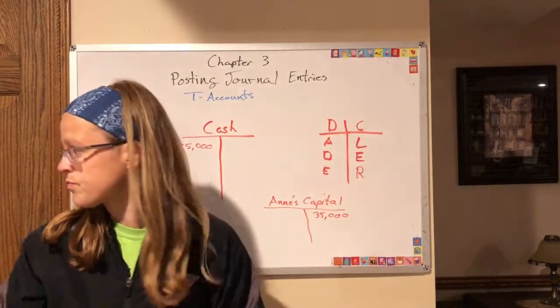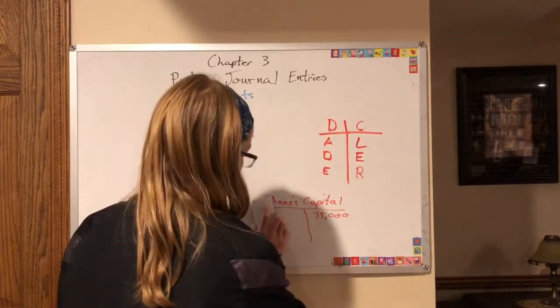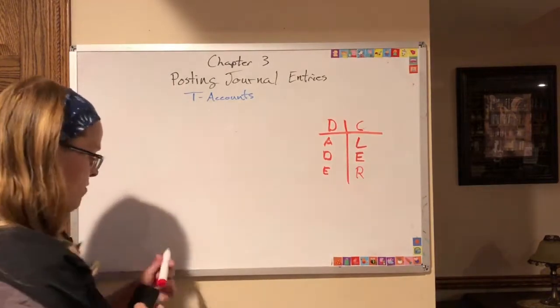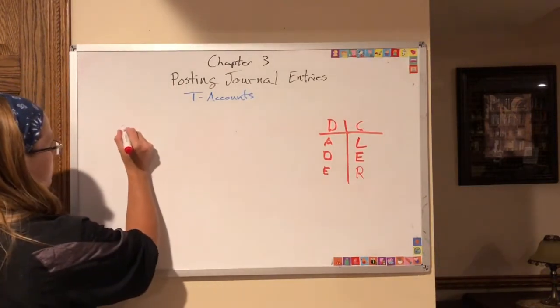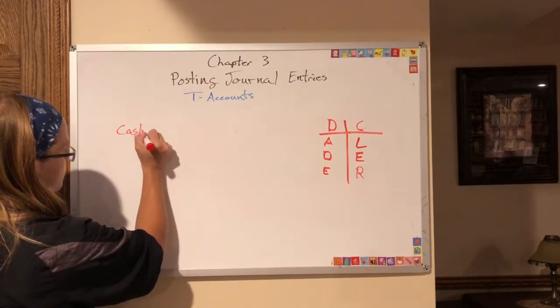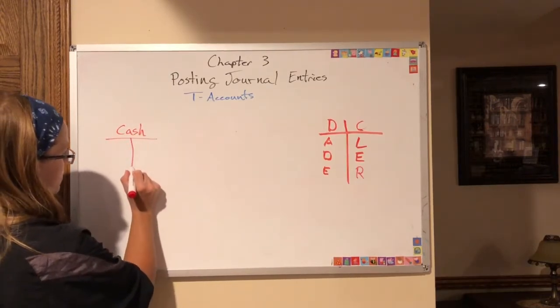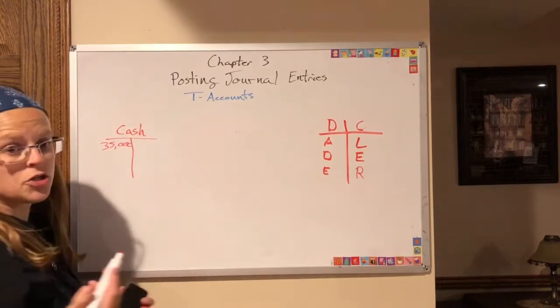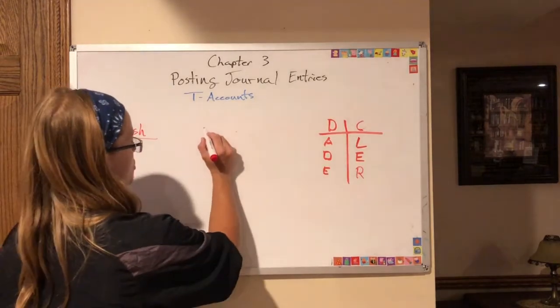Let me erase this real quick and put these up here. So we have our cash T account. She invested $35,000 cash. Now she purchases equipment.